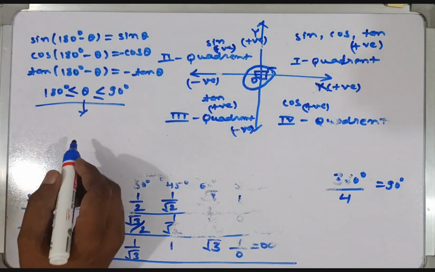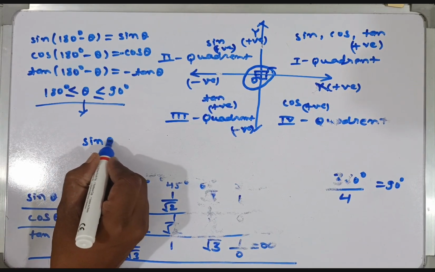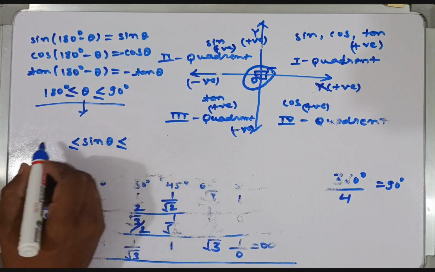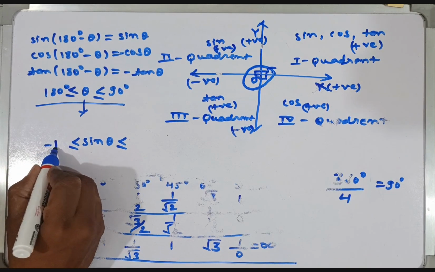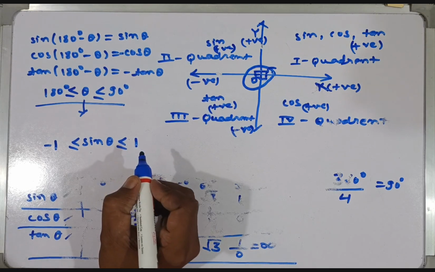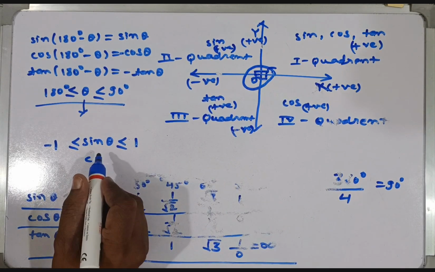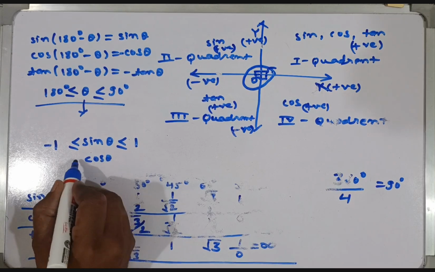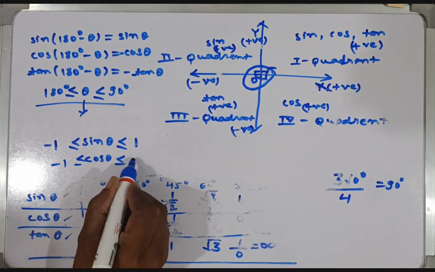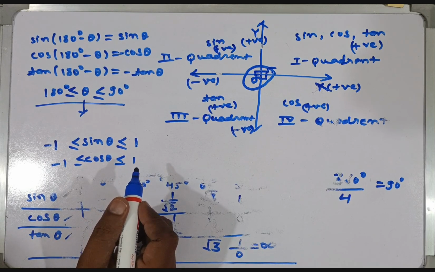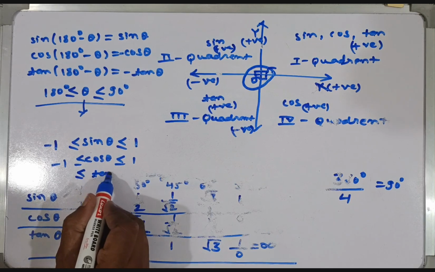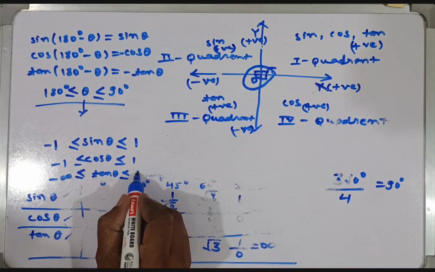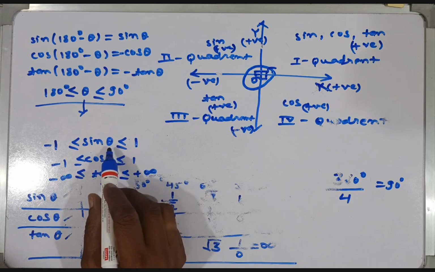Another important fact: whatever the value of theta, the value of sine theta varies from -1 to +1, and cos theta also from -1 to 1, and for tan theta, from minus infinity to plus infinity. Why am I saying this?